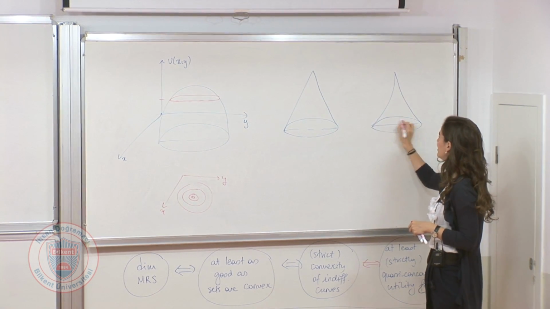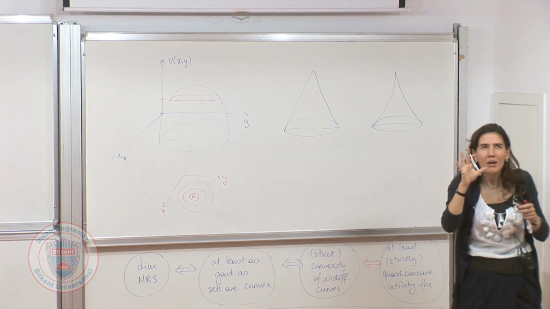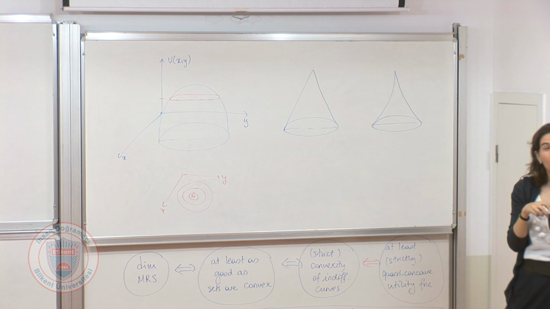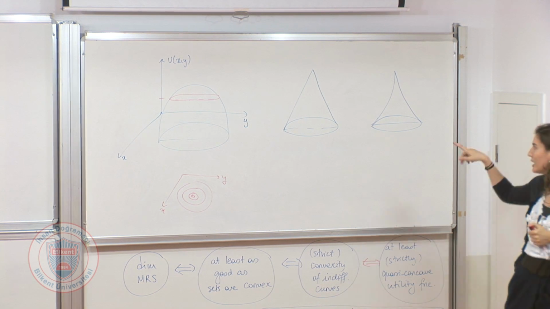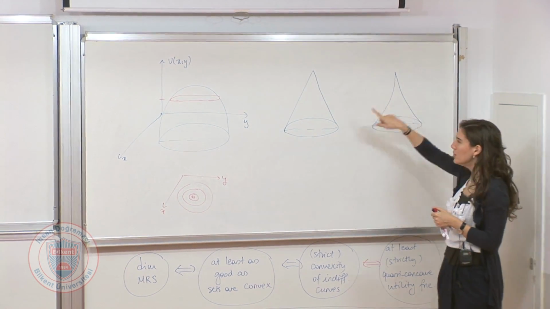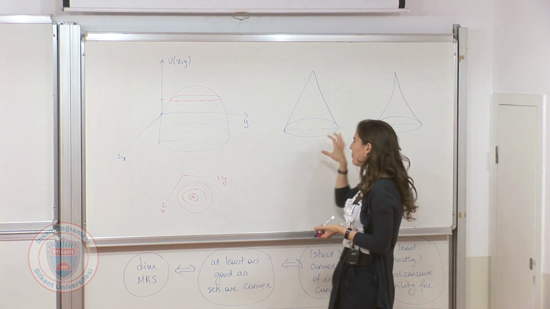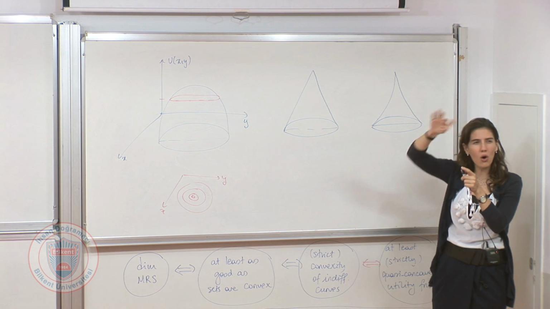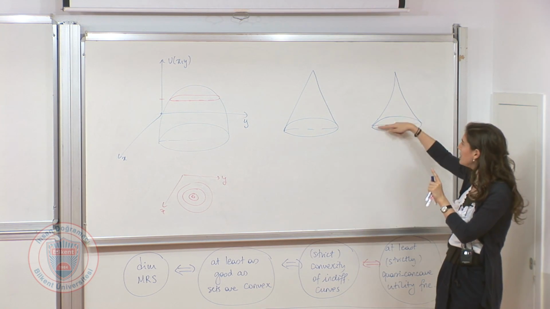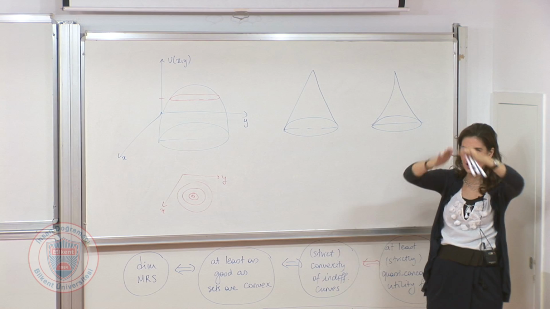So if you want to figure out what quasi-concave looks like, you can think of it as this. This is also quasi-concave, it doesn't have to be a dome, it could be a pinched cone. The sides are like this.